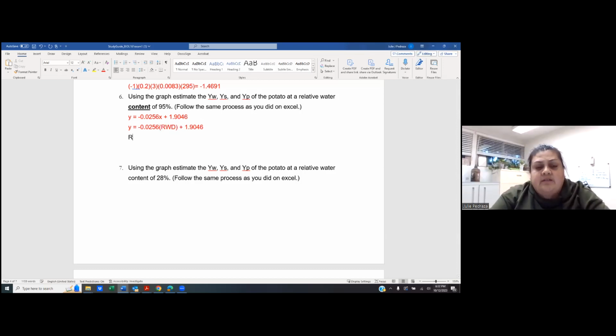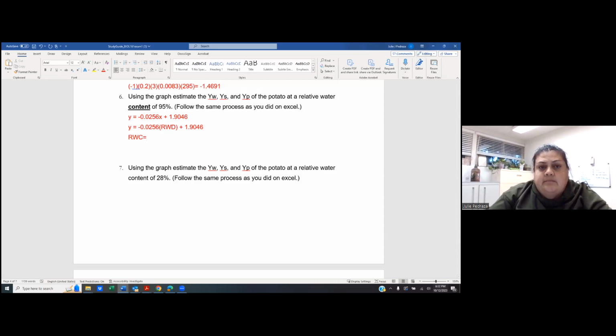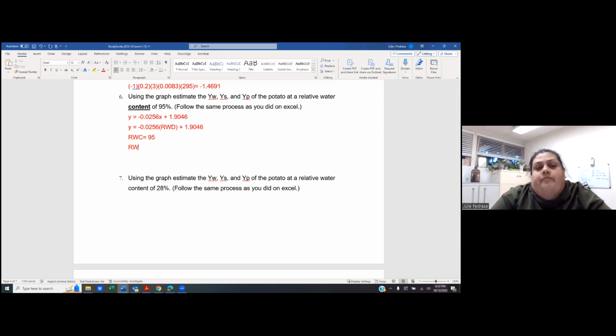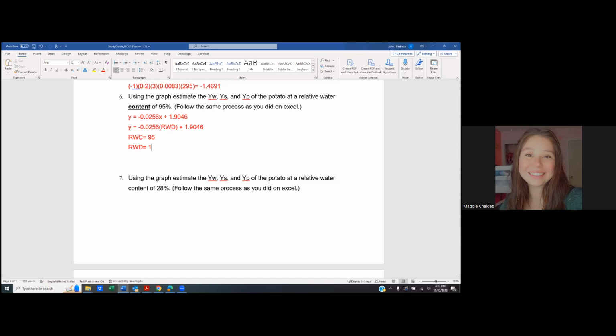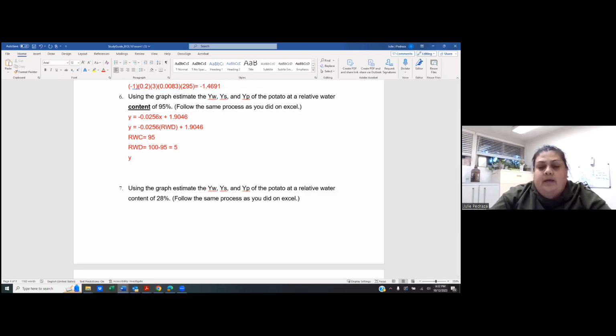So they gave us relative water content as 95. What do we need to do to make it deficit? Subtract it by 100? Yep. Okay. So then we plug it back into our equation.